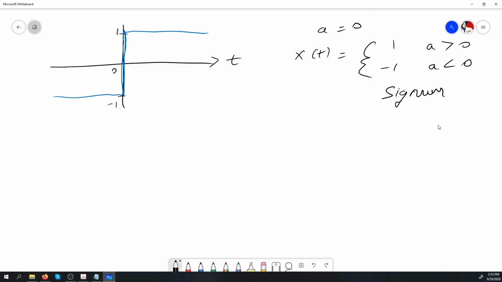If we differentiate the signum function, so if we watch on the left hand side here, before 0, because we're saying a equals 0 here, it's basically going to be that before 0 we had a constant value of negative 1, and if we differentiate a constant, it's just going to be 0. So it'll be a 0 line here.